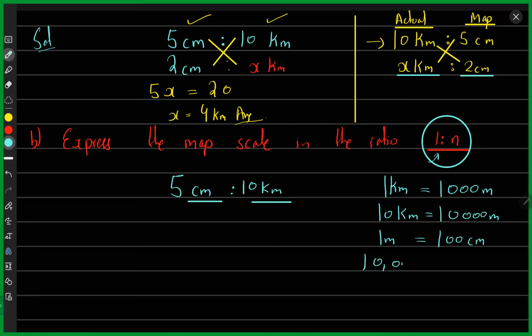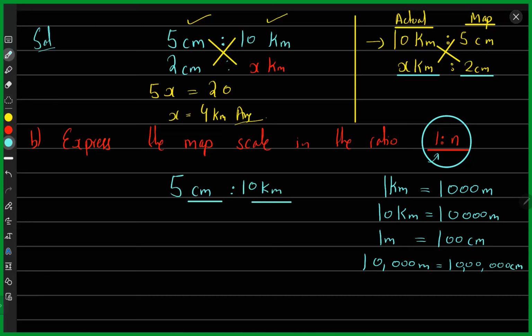So 10,000 meters would be equal to 1 million centimeters basically. This is what I am going to have for this one.